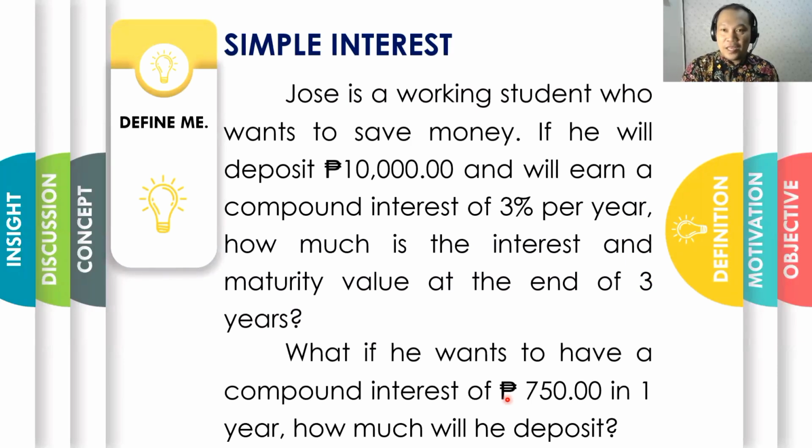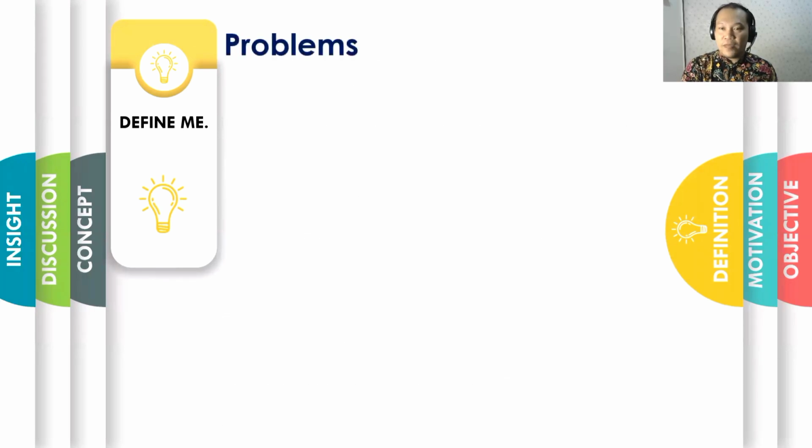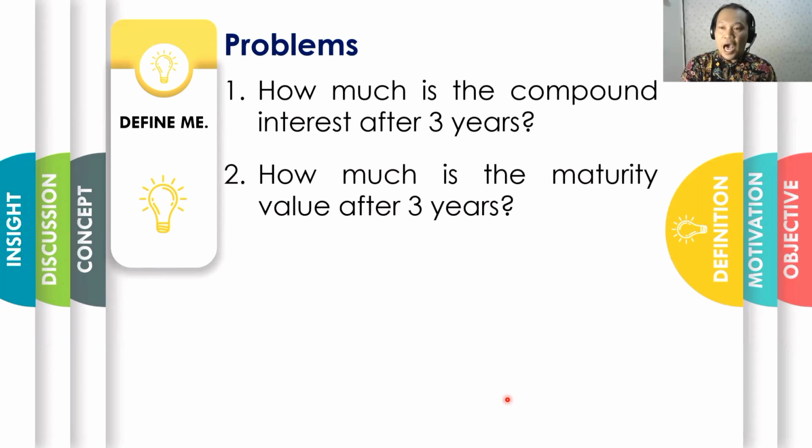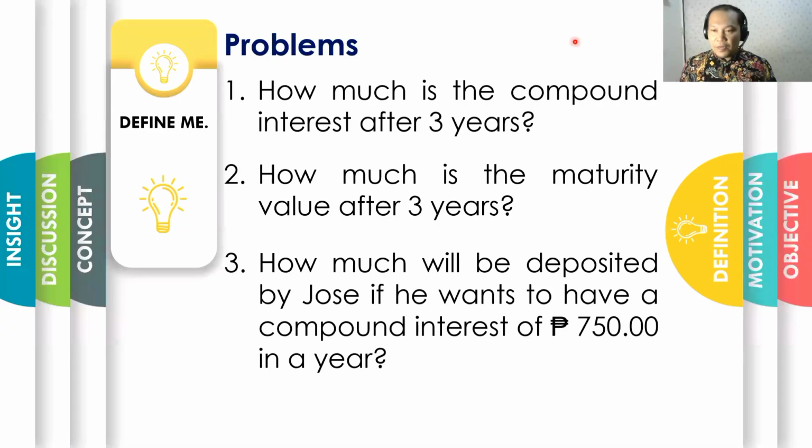Here are the problems that we are going to answer. Number one, how much is the compound interest of Jose after 3 years? Number two, how much is the maturity value after 3 years? And number three, how much will be deposited by Jose if he wants to have a compound interest of 750 in 1 year?